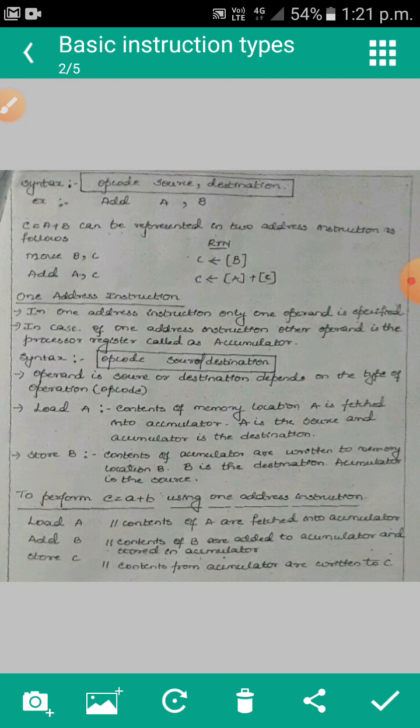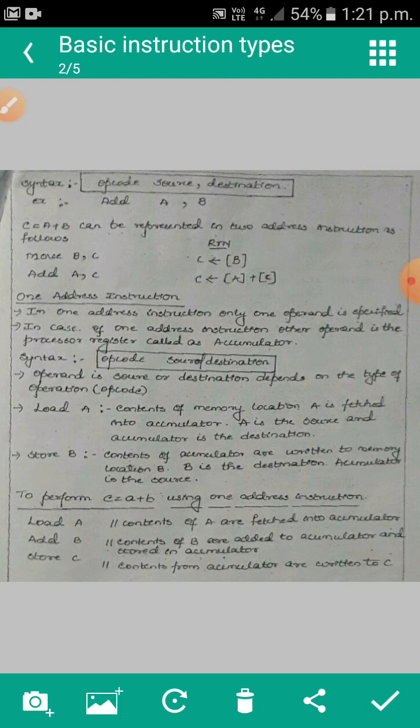So load A transfers the content from A to the accumulator. Store B transfers the data from the accumulator to the memory location.